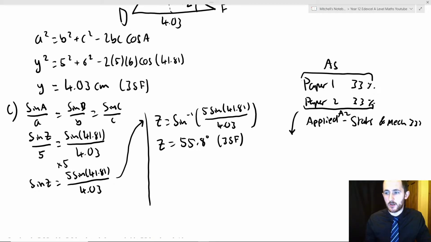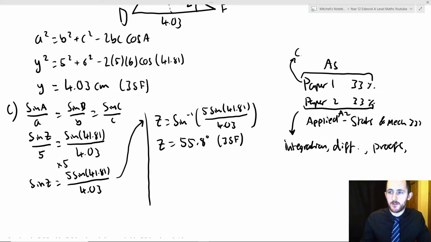Generally speaking, there's a lot of integration, differentiation, and proofs, whereas in AS you have things like the cast diagram and algebraic division. Yes, that's correct. Papers 1 and 2 are only pure. Paper 3, the third paper, is only stats and mechanics.